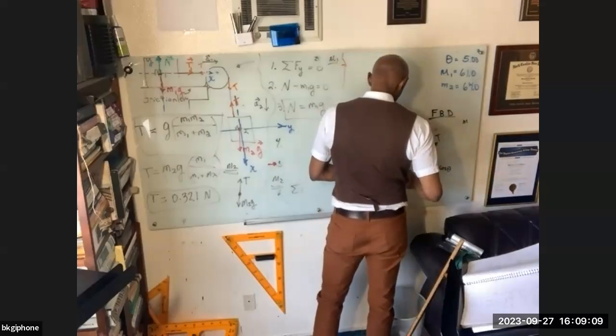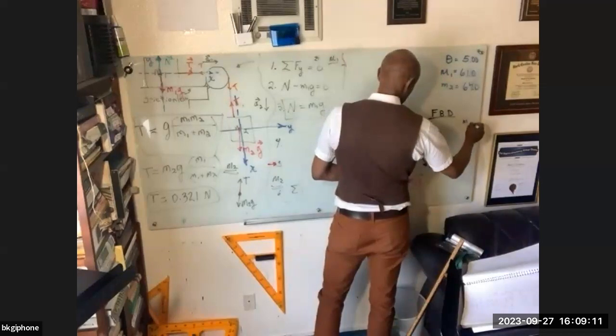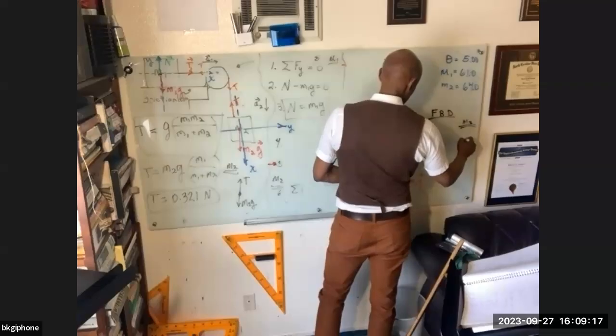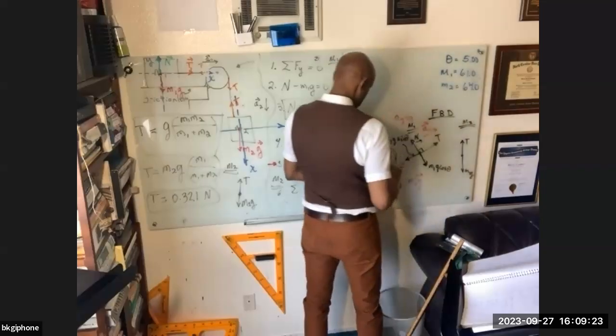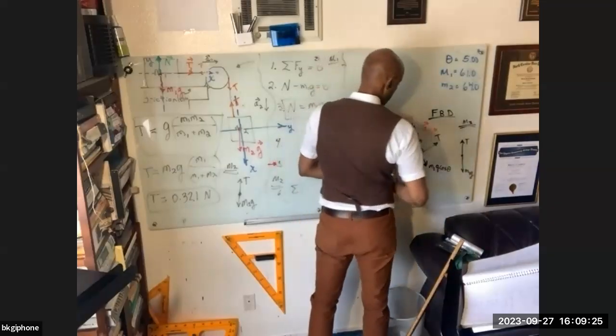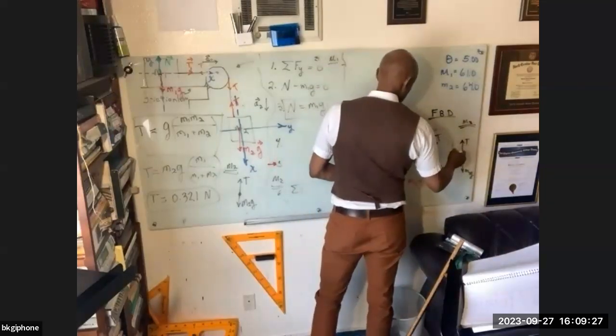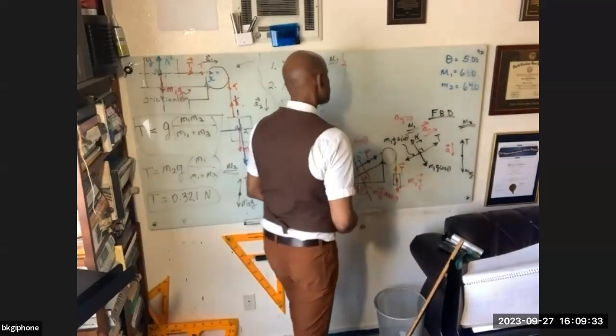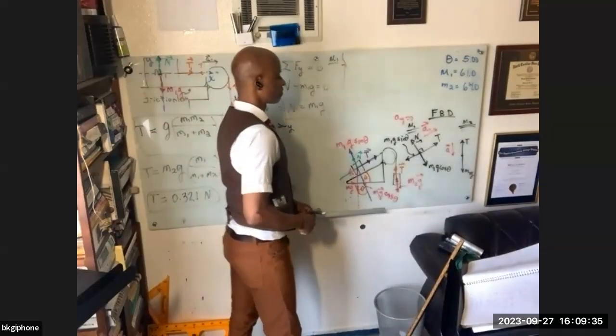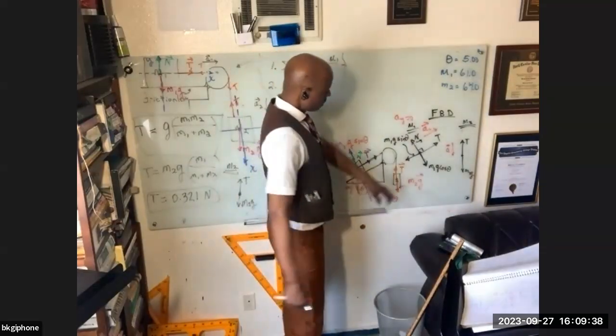And then for this guy, because of the nature of the forces, T is up and M2G is down. Which one is greater? Well, M2G, why do you know? Because its acceleration is down toward the X direction. So there you have it.